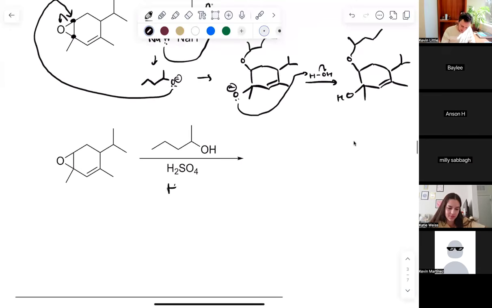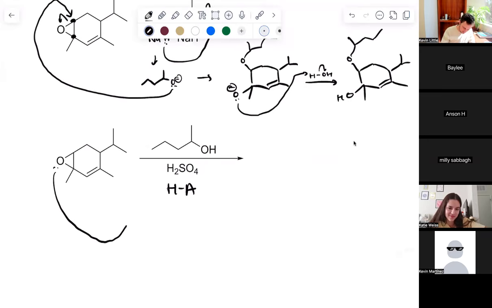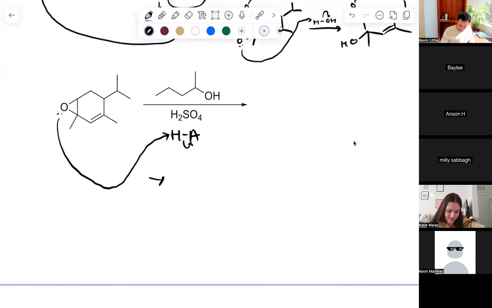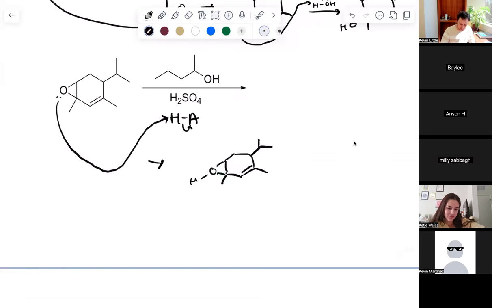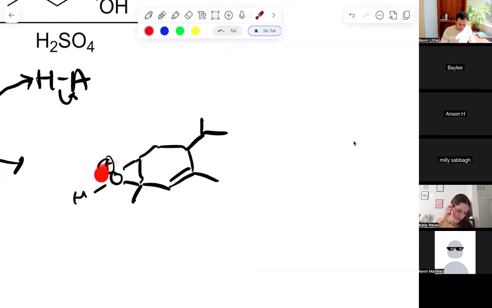Likewise here, I have an acid. So step one, I protonate my electrophile with my acid. And since I have a neutral nucleophile, this positively charged electrophile is going to form the most stable positive charge.